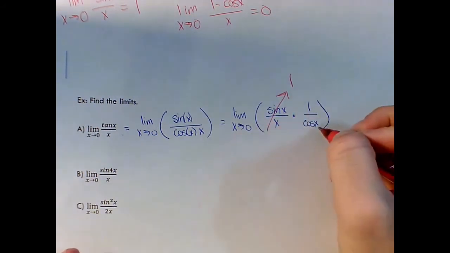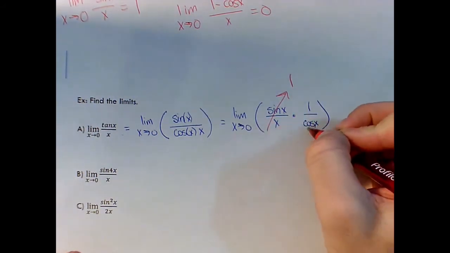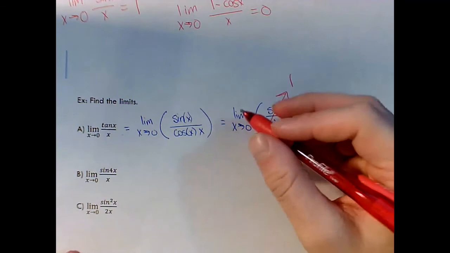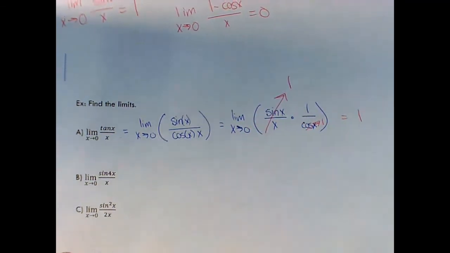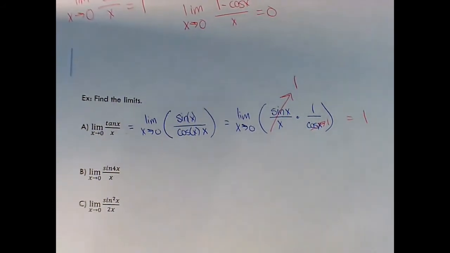So when you plug in 0 for x here, cos 0 becomes 1. So I get 1 times 1, which equals 1. So once you remind yourself what tangent actually means, it's pretty straightforward.